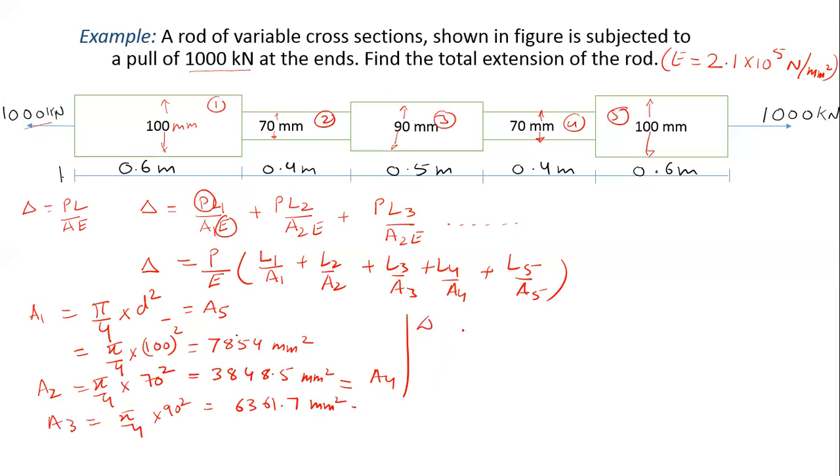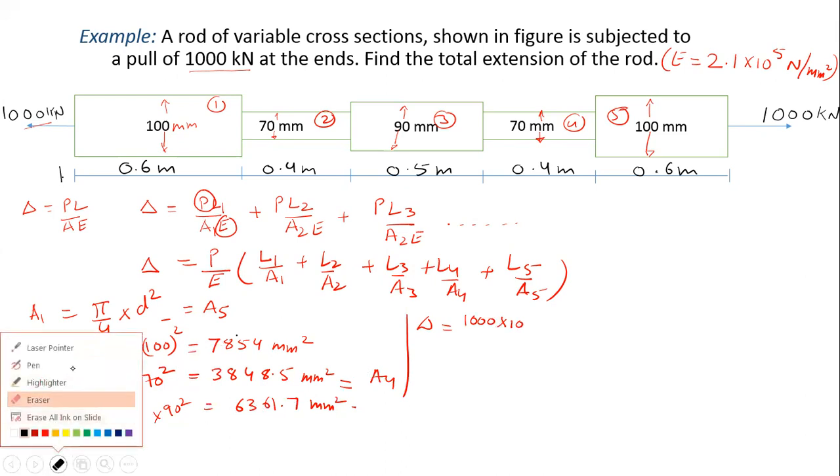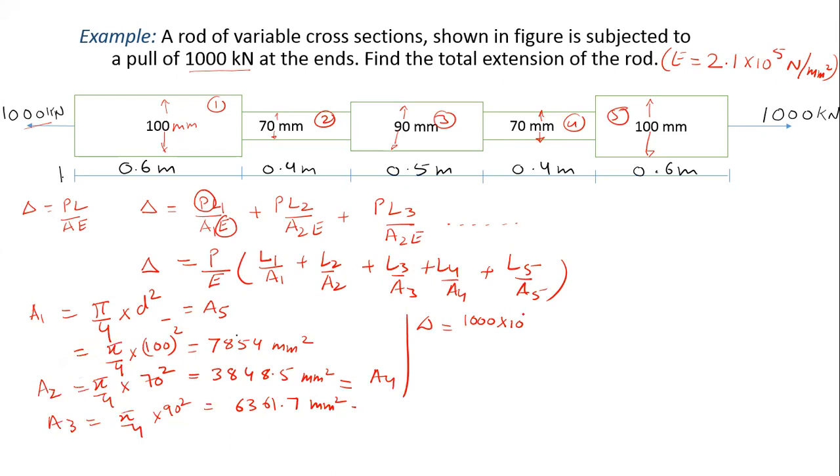So now elongation delta will be equal to P upon E. P is 1000 kilonewton, so it will be 1000 into 10 to the power 3.